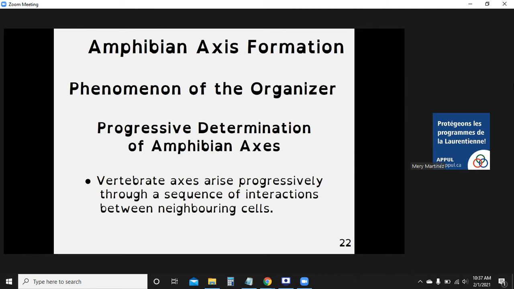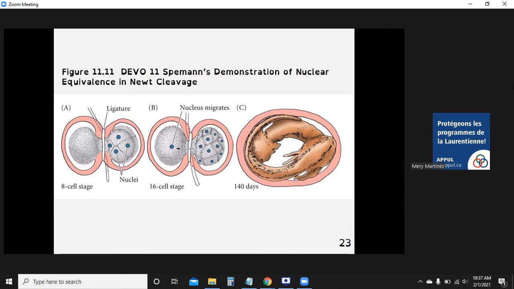So that inductive interaction among neighboring cells established the axis, and it was demonstrated by an experiment that earned the Nobel Prize in 1935 for Hans Spemann. And this is what we see in this image.